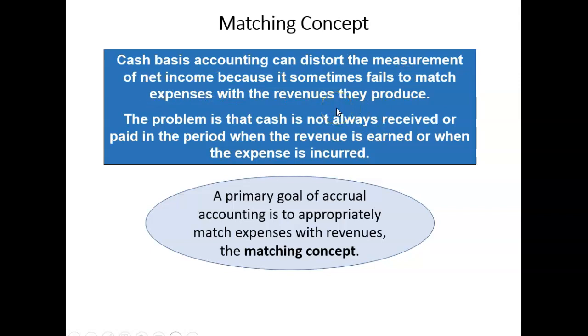Meaning that you could have an expense that had already taken place, right? But with the cash basis of accounting, you don't record the expense until the cash is actually paid out, which might not represent when the expense actually took place. The same for revenue. Remember the one problem where we provided the service for $84,000 and they didn't pay us yet?